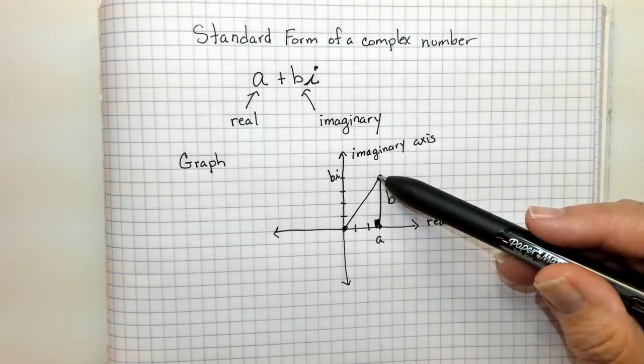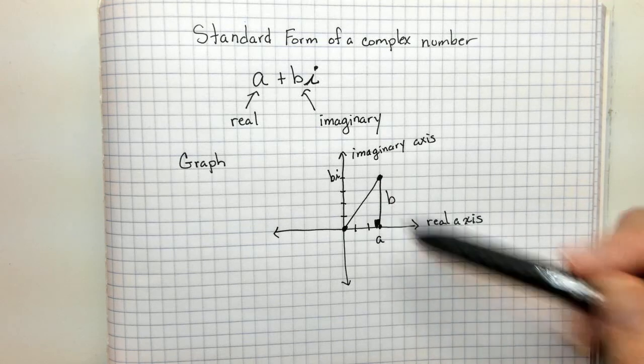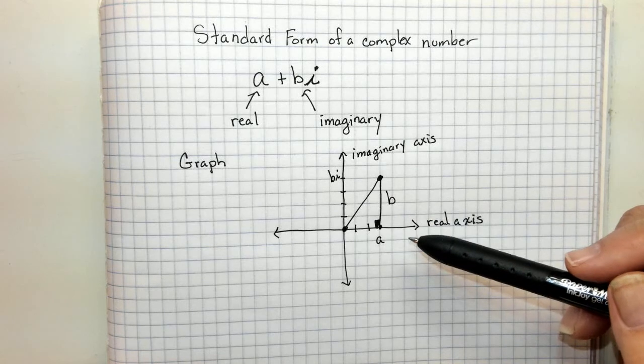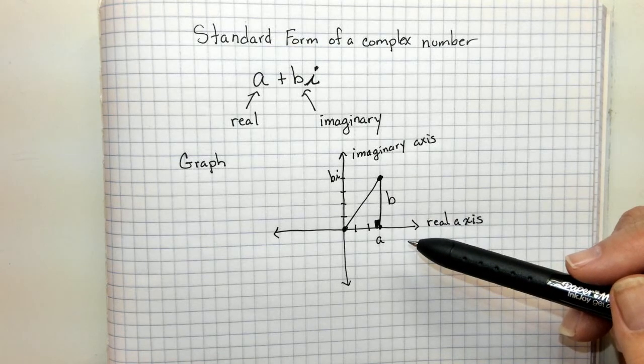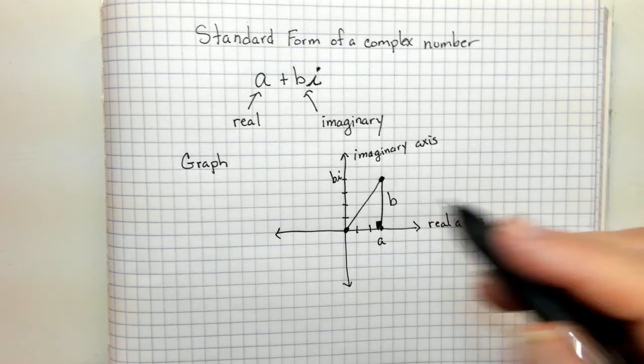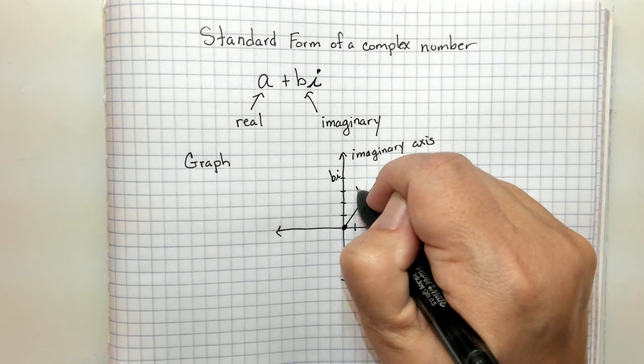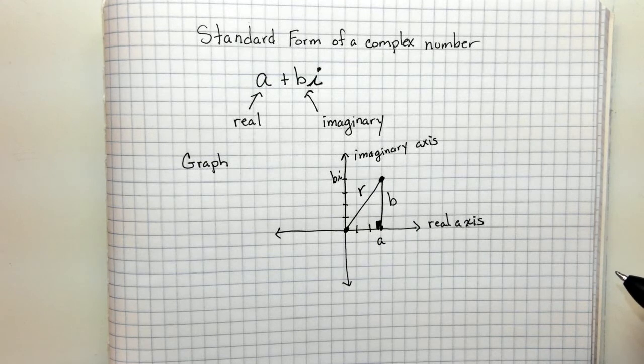We know that to find the hypotenuse, we do a squared plus b squared. Now that we're working with polar coordinates, this hypotenuse is going to get the variable r, and it's referred to as the modulus.